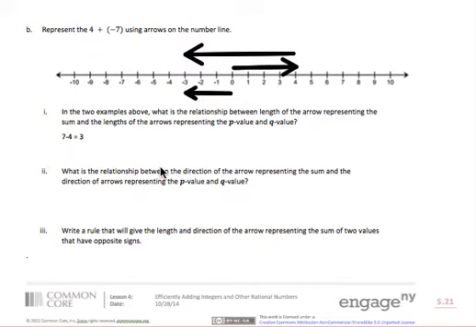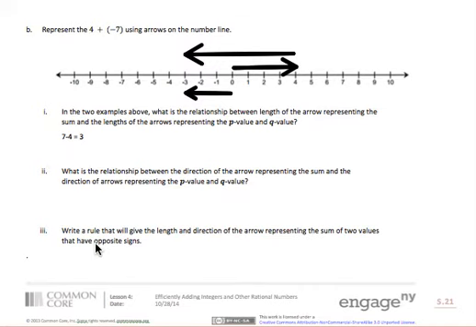The relationship is that the arrow representing the sum is pointing in the same direction as the longer of the two arrows. In other words, the larger magnitude number is determining whether the answer is positive or negative.